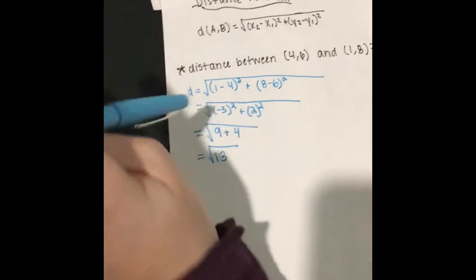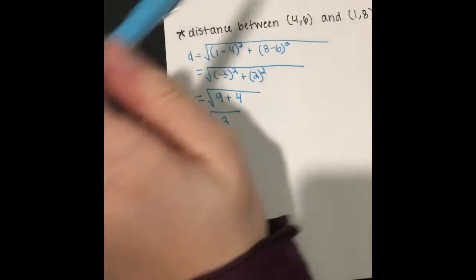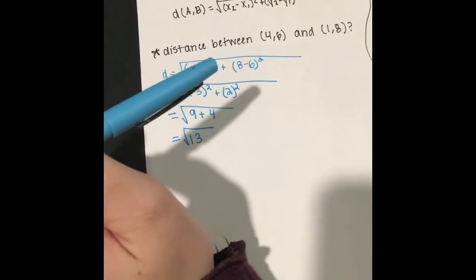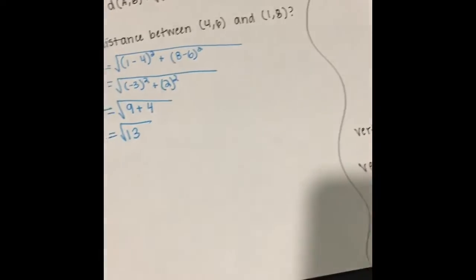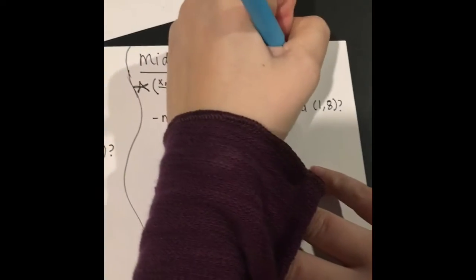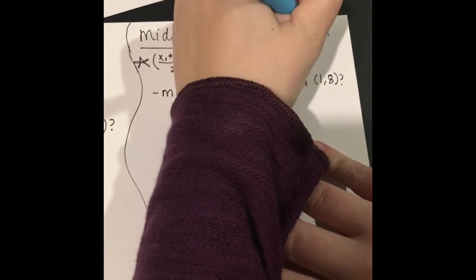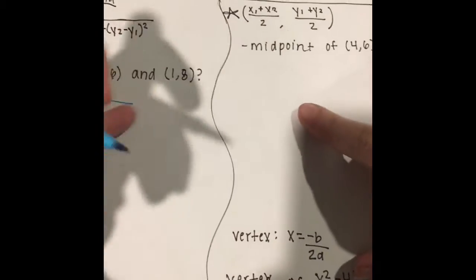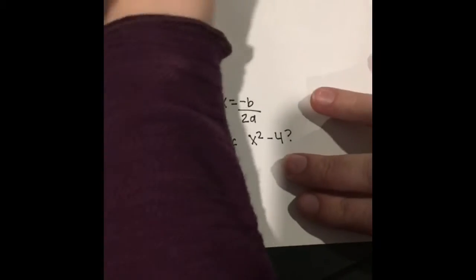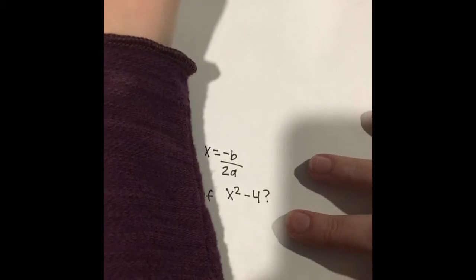And so these numbers might not always be very pretty, but that is sort of the best you're going to get there. All right, and then for finding the midpoint, that's if you have a line from here to here. Say you have these 2 points, you want to find the point in the middle. So we're going to use the same points as before, the midpoint of (4, 6) and (1, 8).